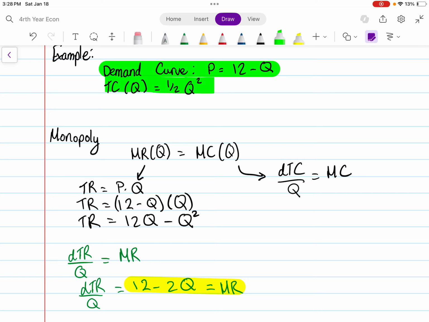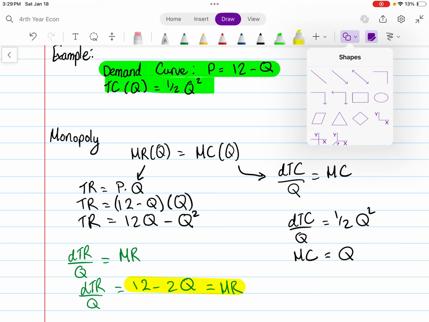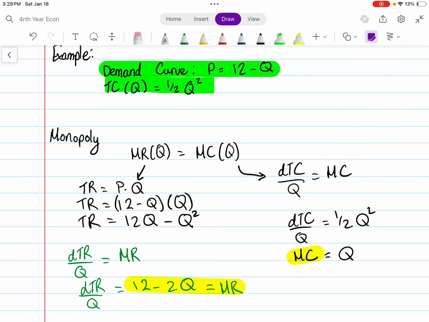So let's take the derivative of 1/2 Q squared, and that's equal to just Q.